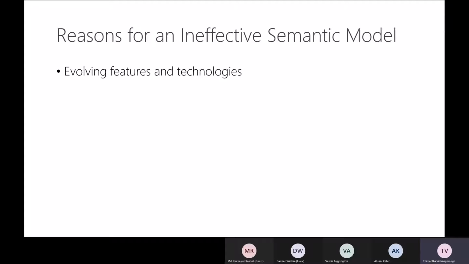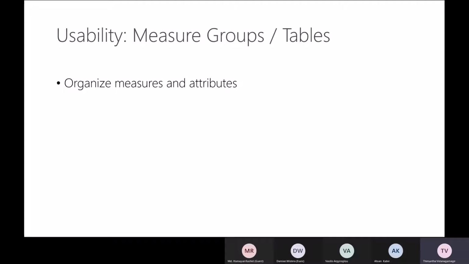Now let's look at the two key aspects which make a semantic model effective, which are usability and performance. Let's look into certain little differences in usability that we can make to make a massive difference.